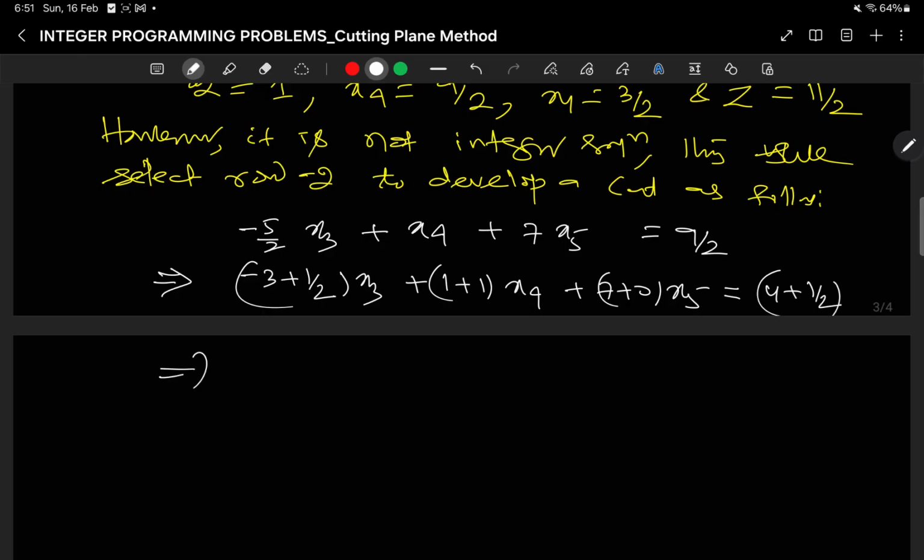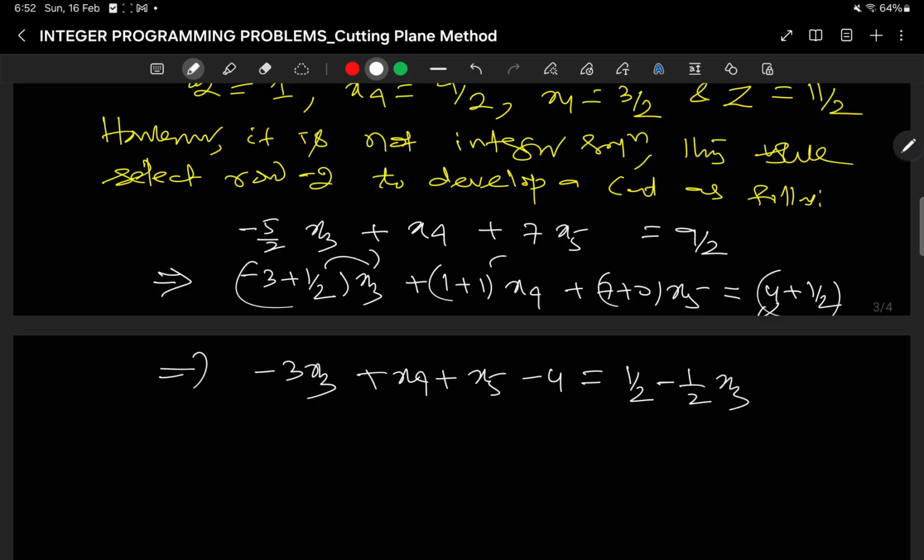So this implies we have minus 3x3 plus x4 plus x5, bring this 4 to the right hand side, it is half minus half x3, and the x4 and x5 terms are 0.